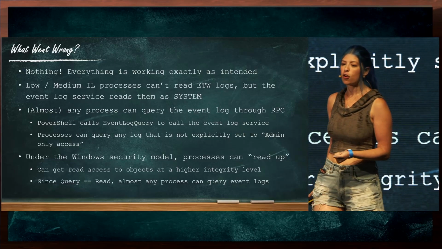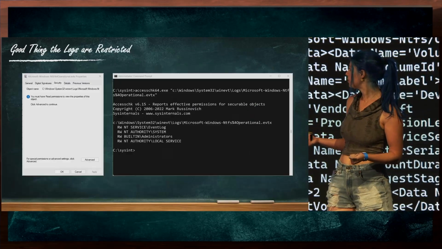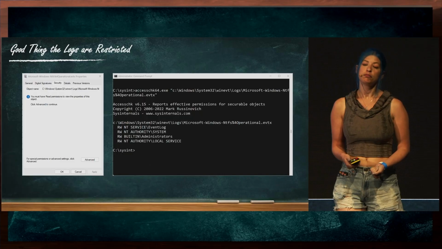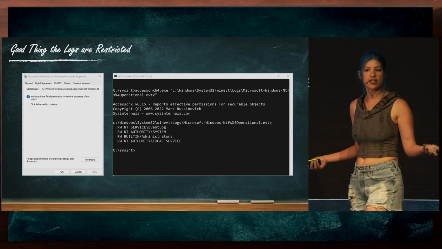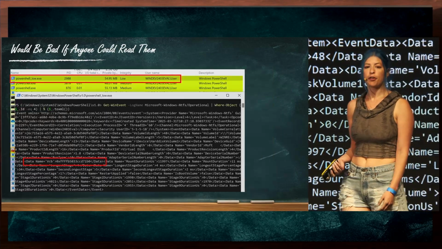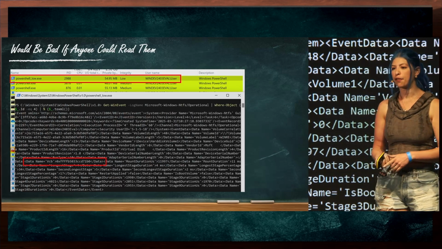Well, there's a service called the event log service running as NT SERVICE\EventLog. This service is allowed to read and write to all event logs and can choose to do that. And PowerShell just very nicely asks this service, hey, can you read this event for me?